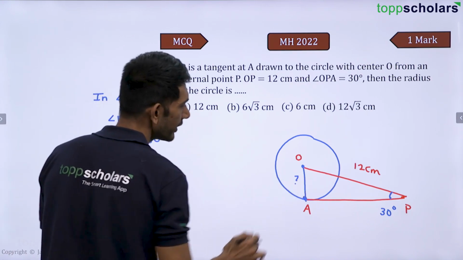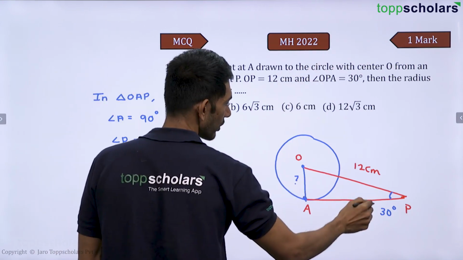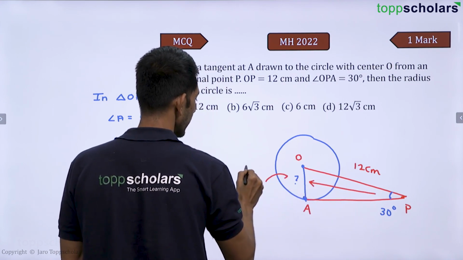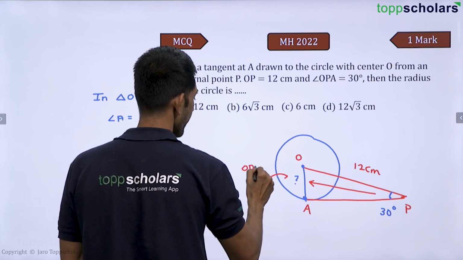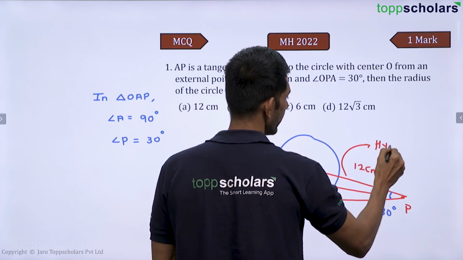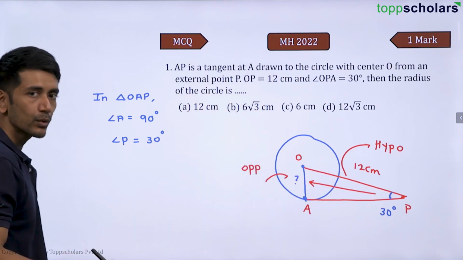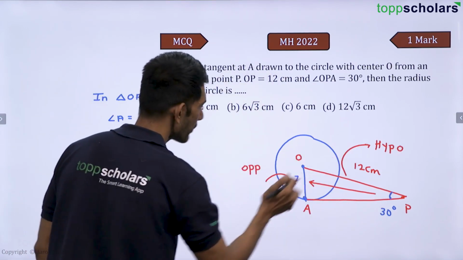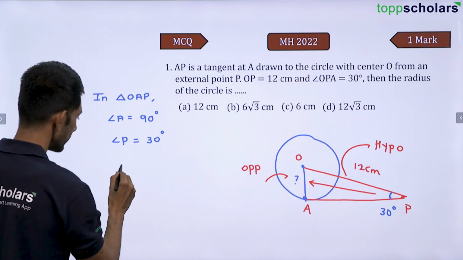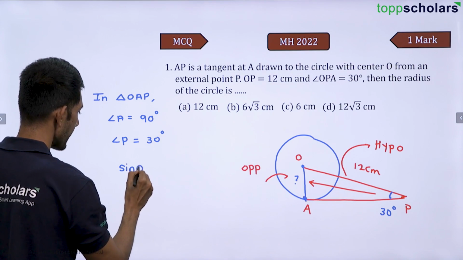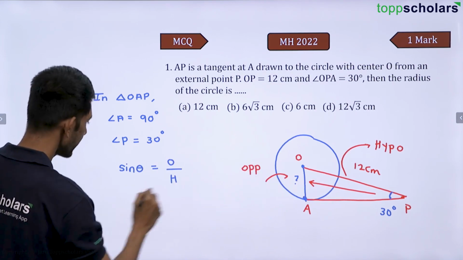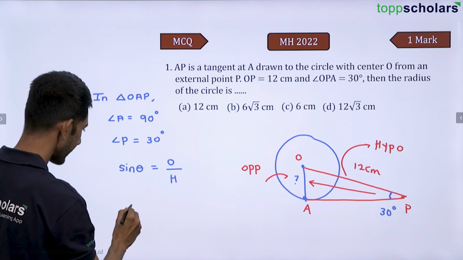What do I need to find out? I need to find out the radius. So here, can I say for 30 degrees, OA is the opposite side and OP is the hypotenuse. So now we know that opposite by hypotenuse is sine. So sine theta is opposite by hypotenuse. Theta is 30 degrees, so I am taking sine 30.